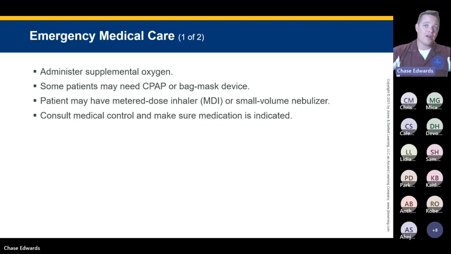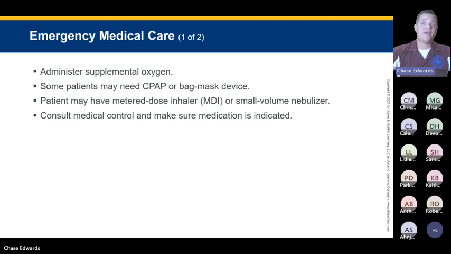All right, if they're in moderate or severe respiratory distress, or if the depth of respiration is inadequate, you may need to look at that supplemental oxygen, look at getting a little higher on the echelon of ventilation. So you may have to manually ventilate this person, or sometimes you may have to provide CPAP to this person as well.